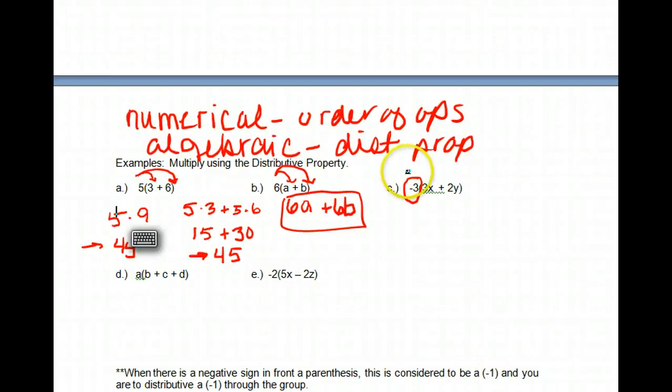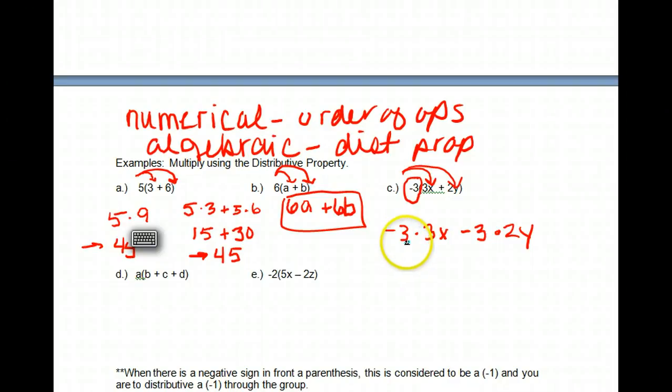So we will be multiplying a -3 to each of those. So we're going to have -3 times 3x and -3 times 2y. Please note how I wrote my negatives in there.